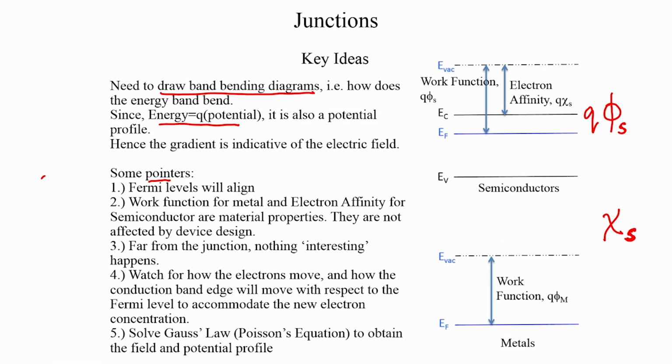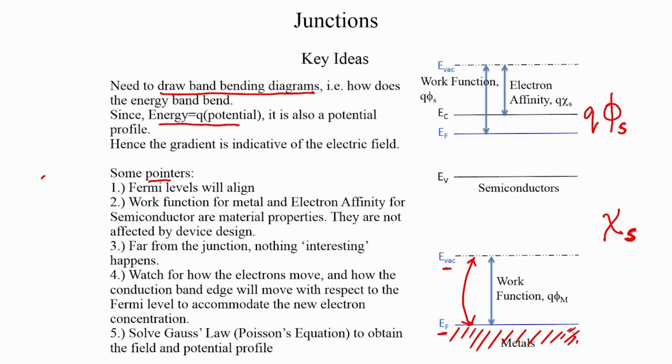Now for a metal, the metal does not have a conduction band edge and a valence band edge; instead a metal just has the Fermi level, and the work function for a metal is the energy required to take the electron from the Fermi level into vacuum. So it is again the difference between the vacuum energy level and the Fermi level of the metal.